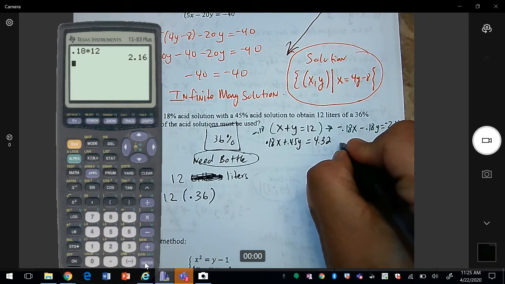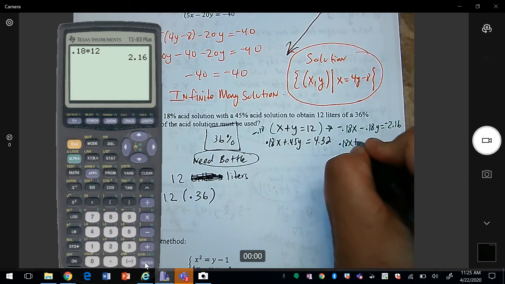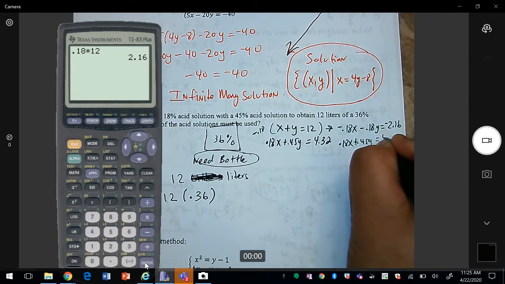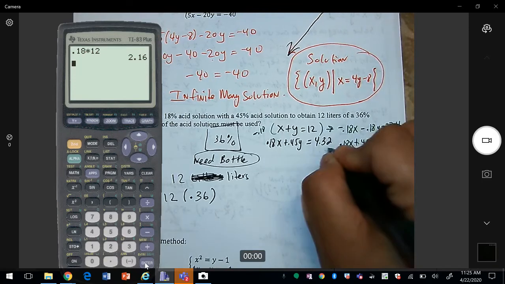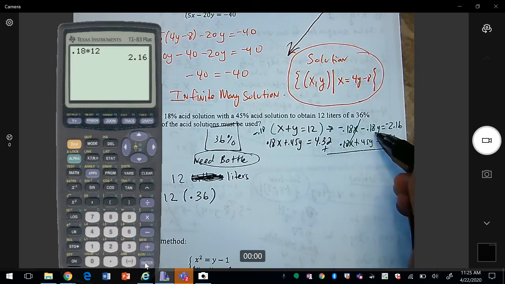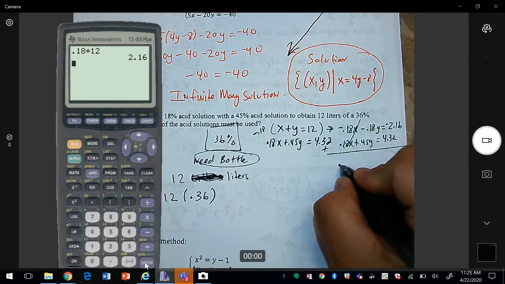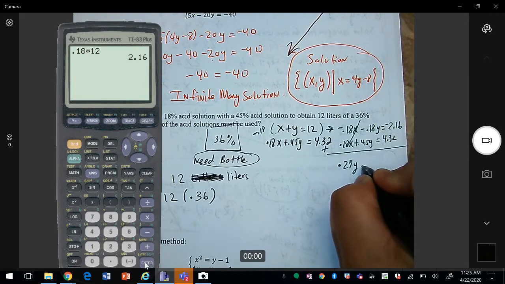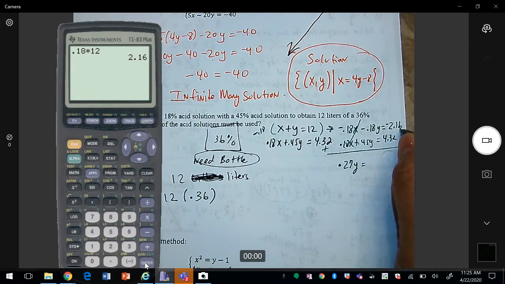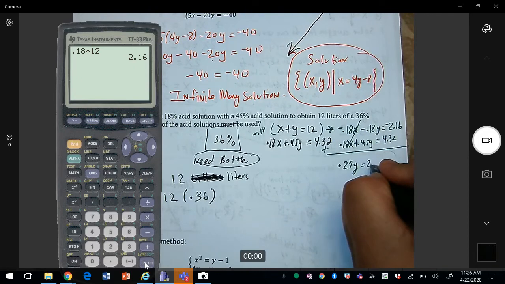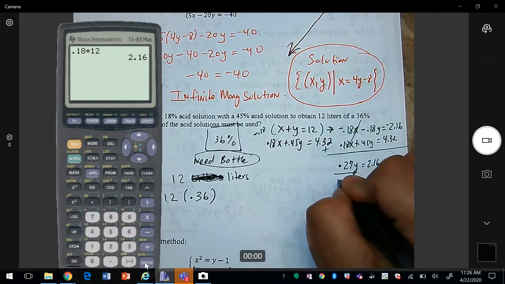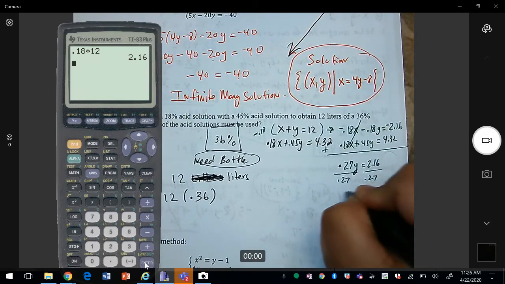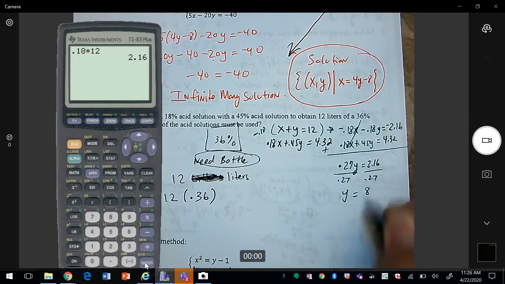The second equation was 0.18x plus 0.45y equals 4.32. If we add these, negative 0.18y plus 0.45y is 0.27y, and negative 2.16 plus 4.32 is positive 2.16. Divide by 0.27, and y is going to be 8.